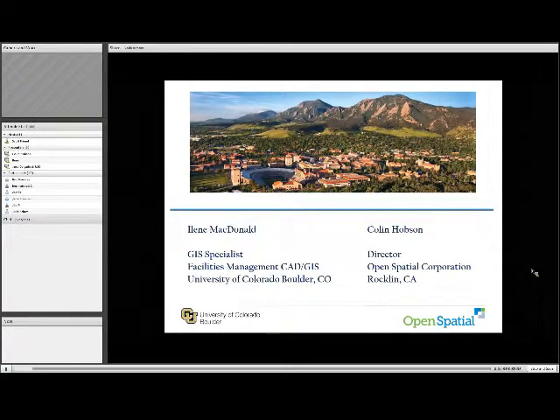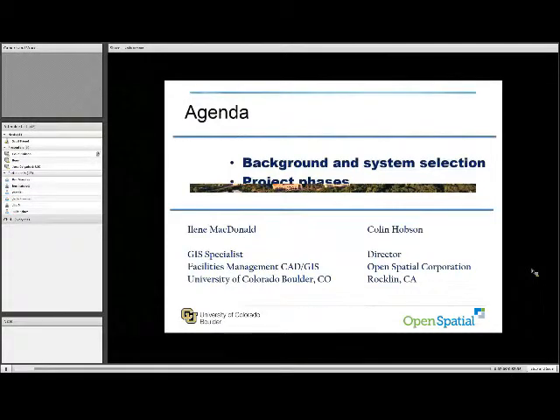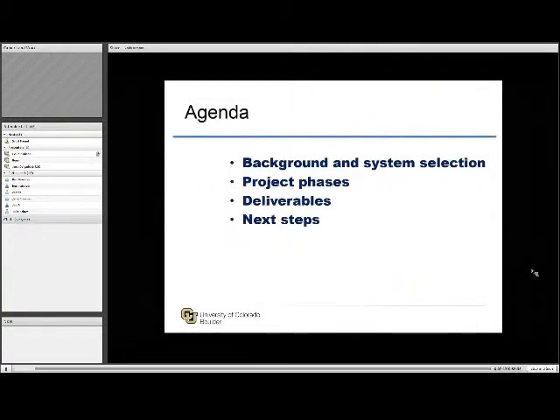Yeah, so just the agenda for this presentation. This is a presentation that was presented at the CFTA conference in San Antonio earlier this year. For the agenda, we'll give some background to the data and the situation, as well as the system selected.